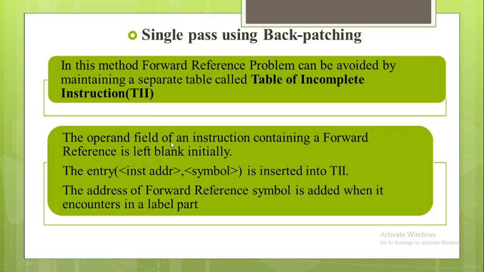The operand field of an instruction containing a forward reference is left blank initially. The entry of the instruction address with the symbol is inserted into the table of incomplete instructions. The address of the forward reference symbol is added when it is encountered in the label part.